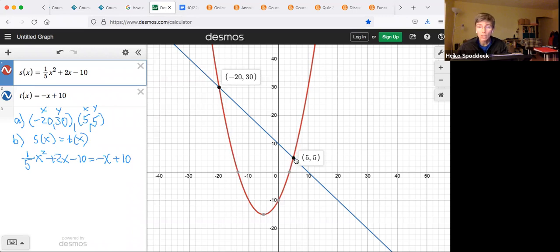The points of intersection mean that both the x and the y for both functions are the same. So for those 2 points, our y's are the same, and what we then write down as our solution are the 2 x values. So x equals negative 20 and x equals 5.